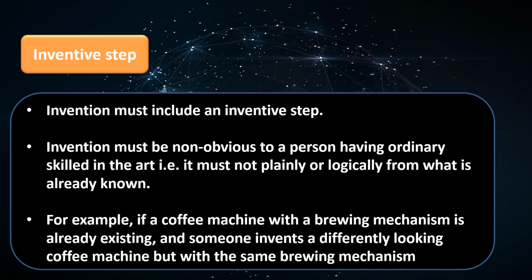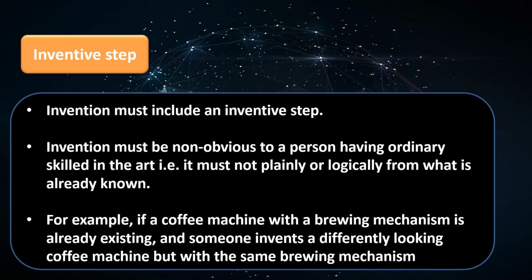If someone has made some invention in the automotive wheel, and a person who has some skill in that field, in that domain, sees that invention, it should not seem very obvious that there were two things already known and this person has just somewhat combined them.